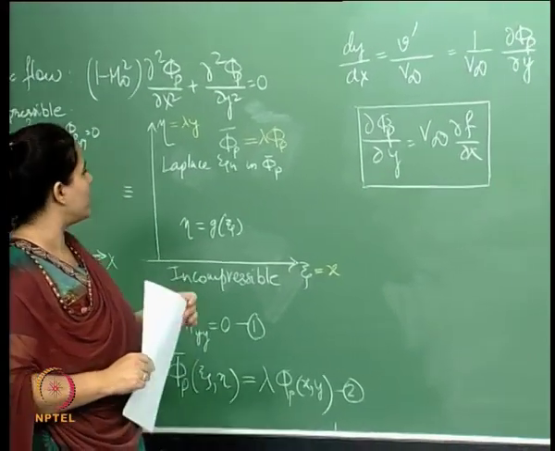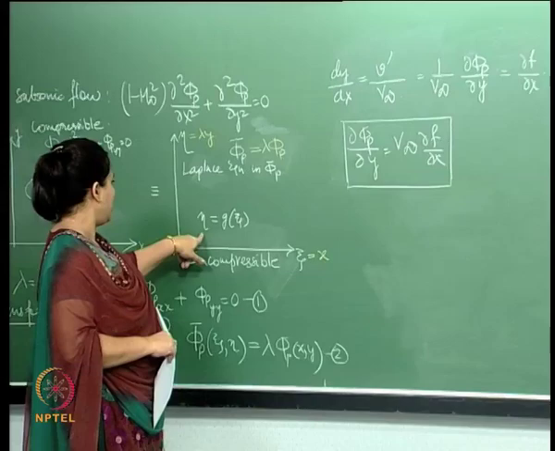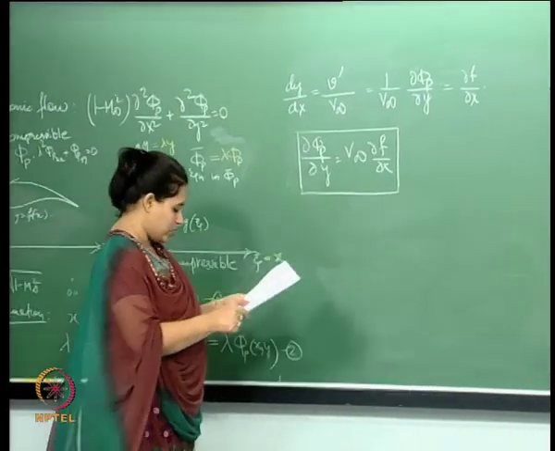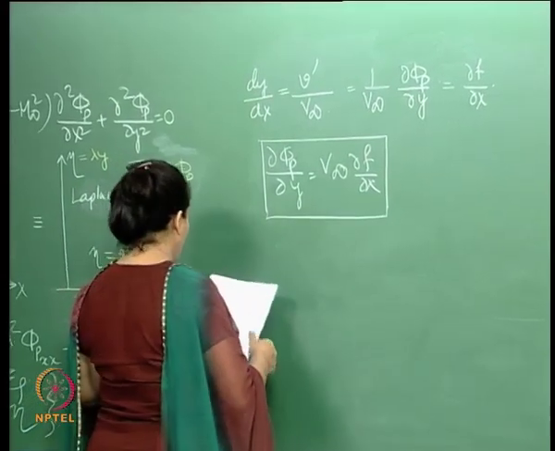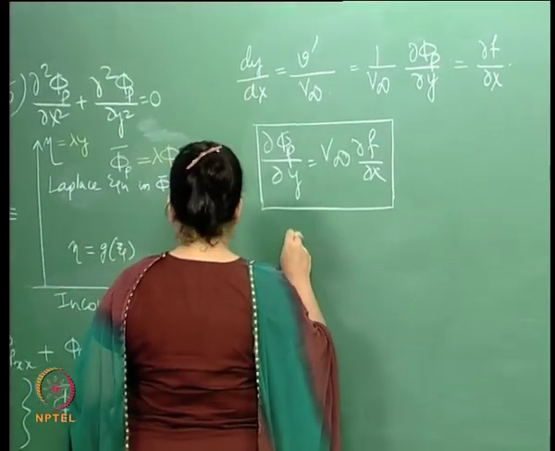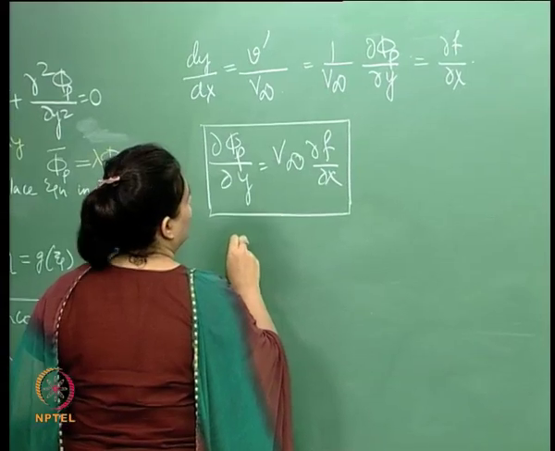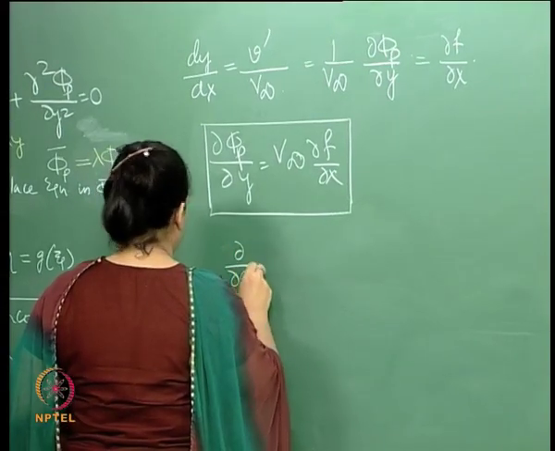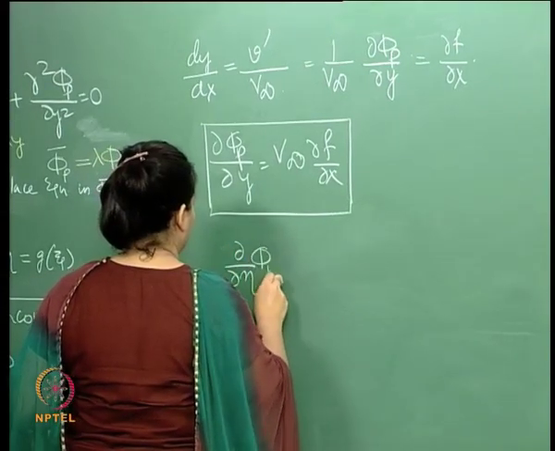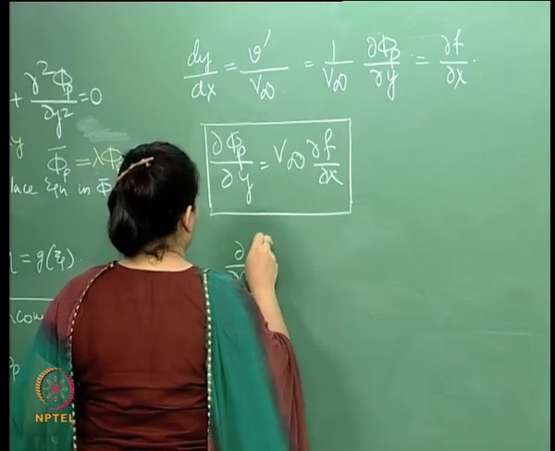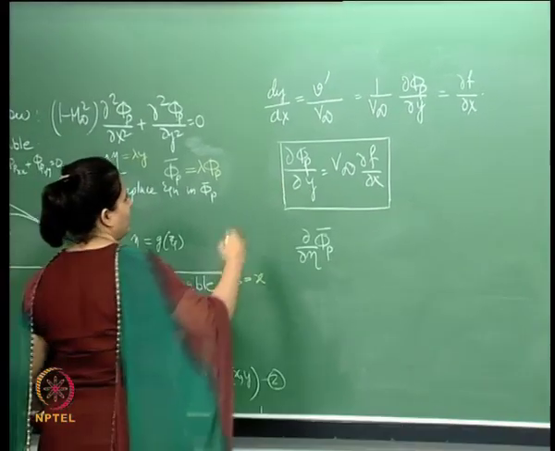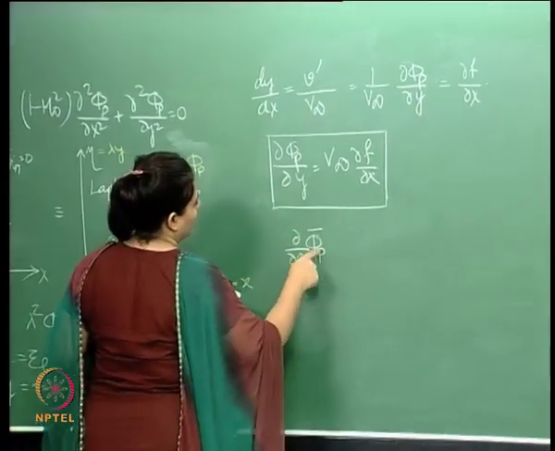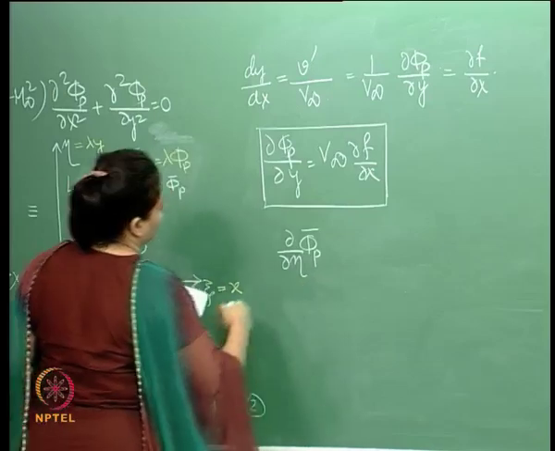Now we'll do similar stuff in the transformed coordinates. So this is the corresponding del phi p bar del eta.